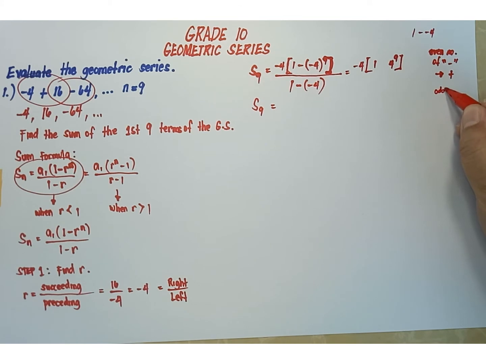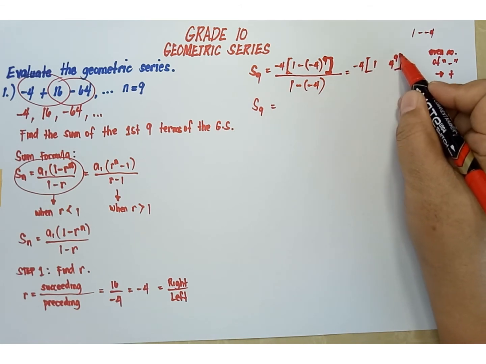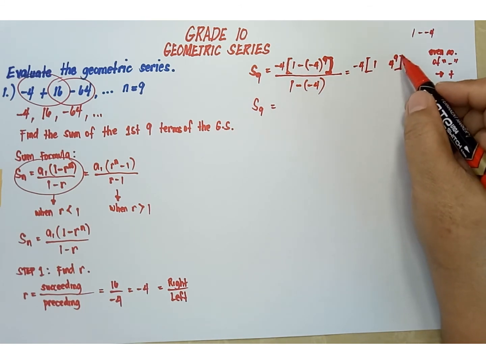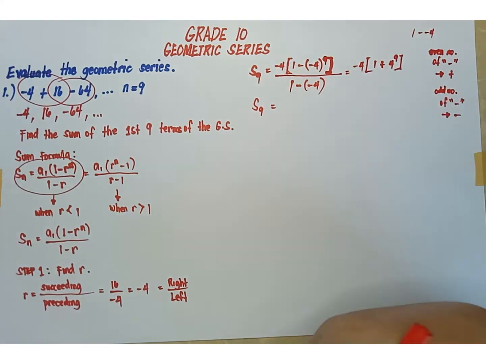So, kung odd number naman, odd number of negative, your final sign is negative. So, fina-finalize natin yung sign dito para wag na tayong gagamit ng parenthesis to enclose the exponential part. So, this is plus na.